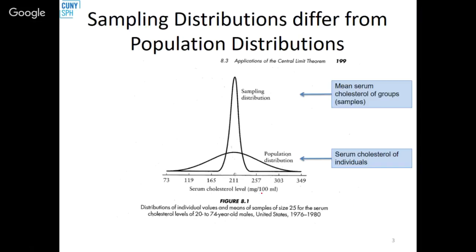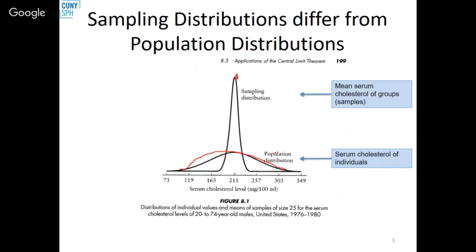If this broad peak here is the distribution of serum cholesterol of individuals in a population, and if we take a sample from that population and calculate their mean, do that repeatedly, we get a sampling distribution. And that sampling distribution will have the same mean as the population, but a different standard deviation, a different variance. And that variance is always smaller than the population because the average properties of groups are less variable than the properties of individuals.